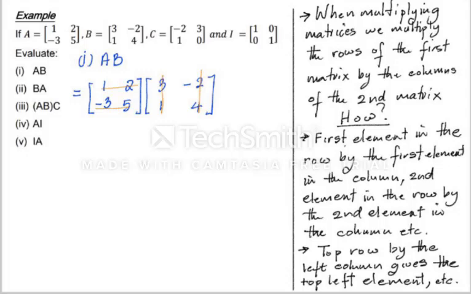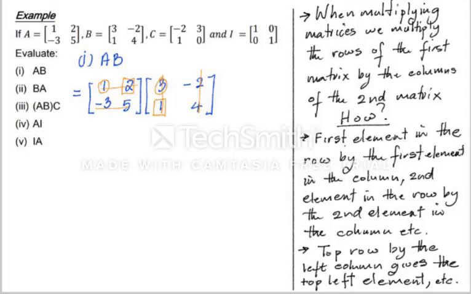Now, how do we go about doing that? Essentially, we multiply the first element in the row by the first element in the column, plus the second element in the row multiplied by the second element in the column.